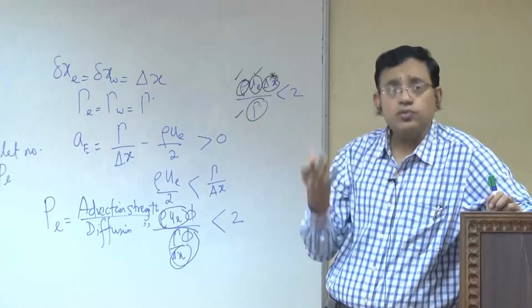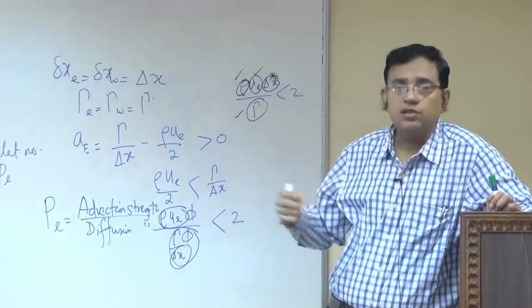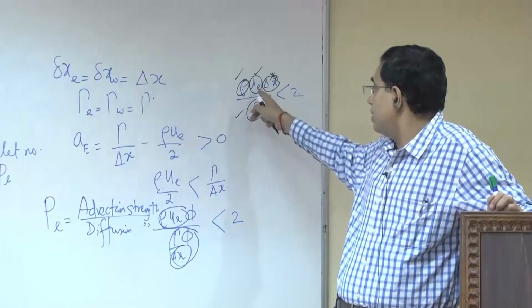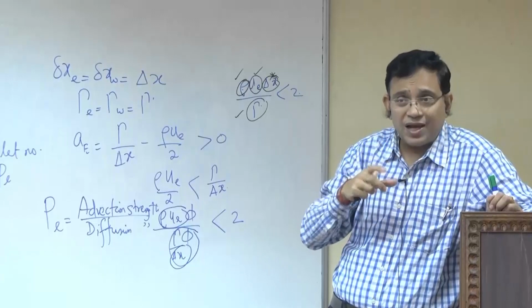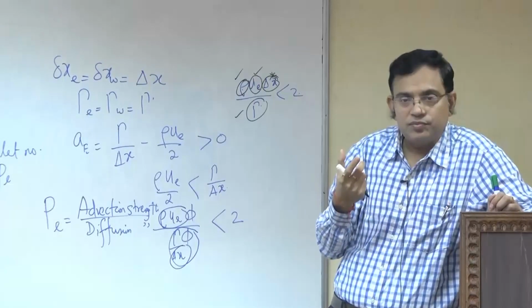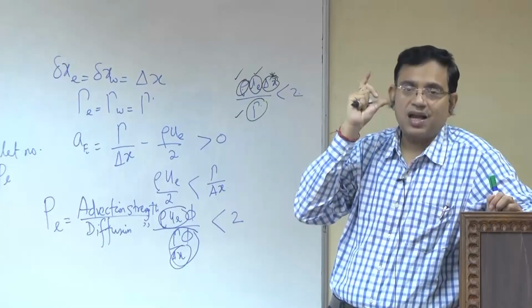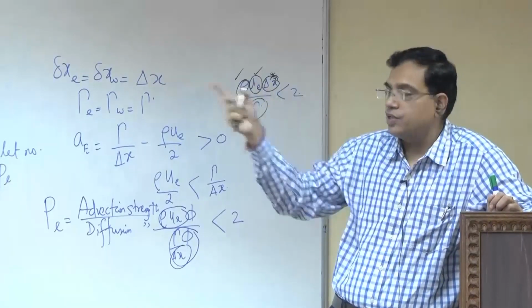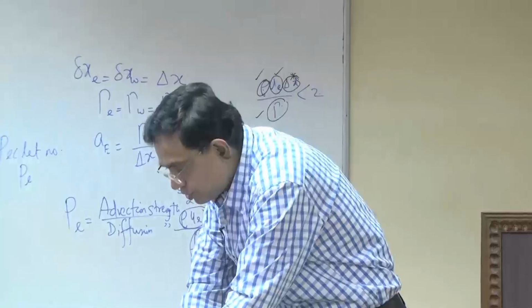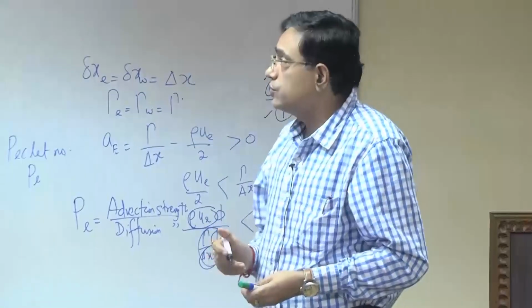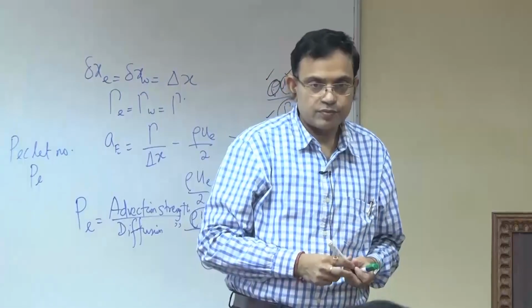So, if such a situation comes, we know that this is not likely to work because u being large, it may become greater than 2. So, let us try to develop a discretization scheme by keeping that as a possible scenario for deviation from here, and that motivates the development of what is known as the upwind scheme.